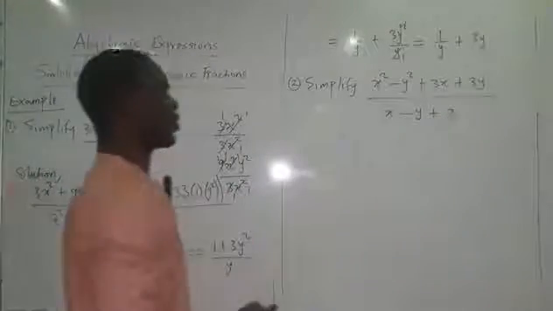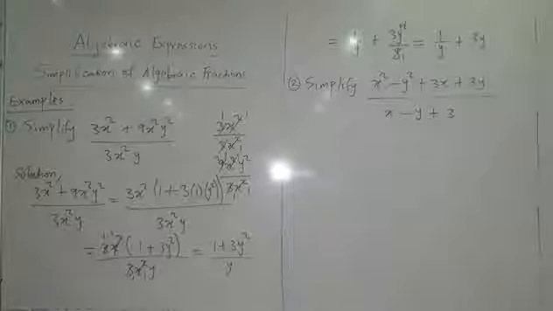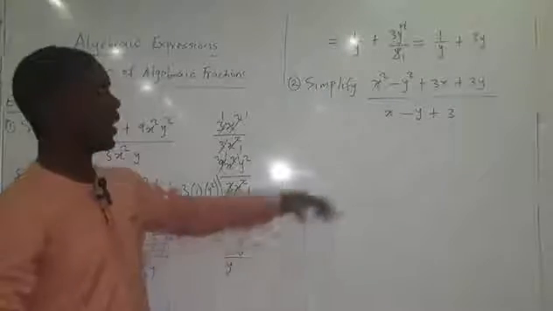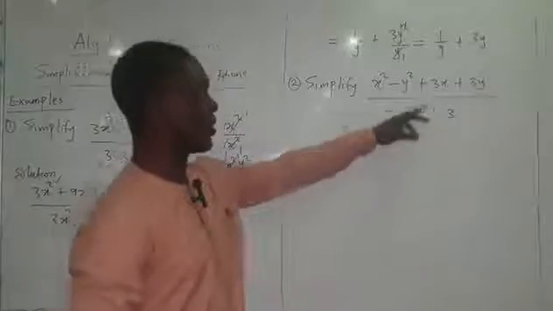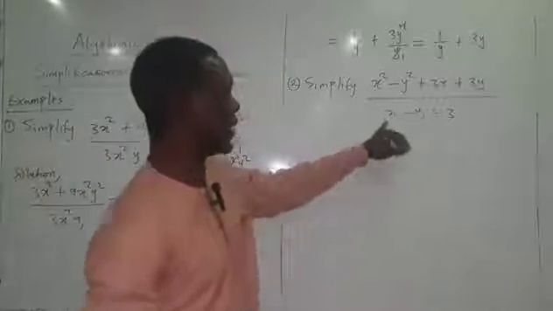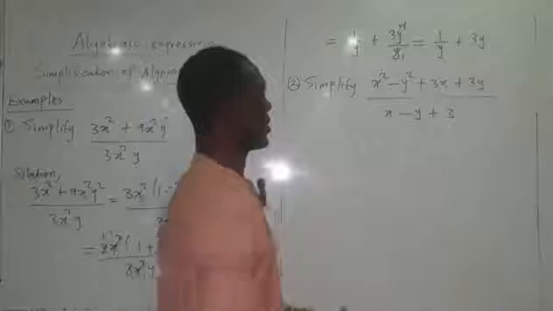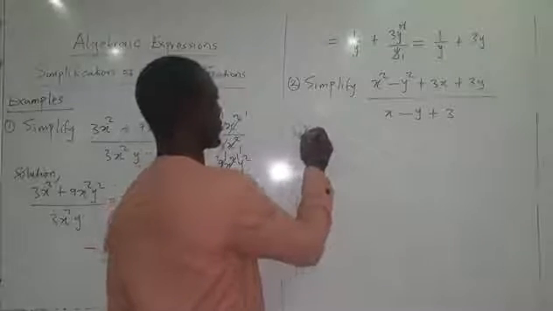So look at this question. Question 2 says simplify x squared minus y squared plus 3x plus 3y all over x minus y plus 3. So solution.